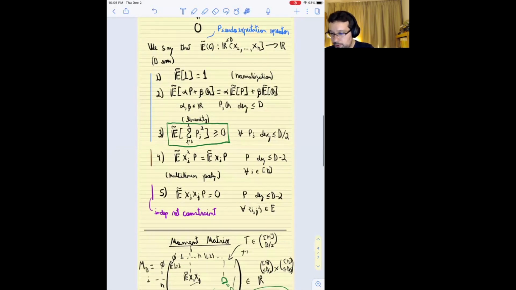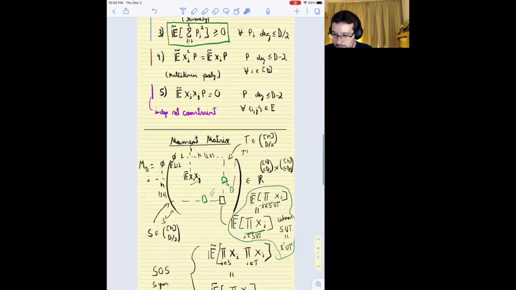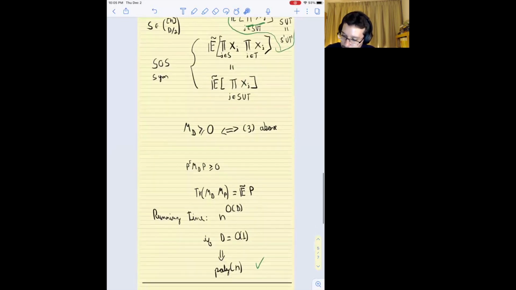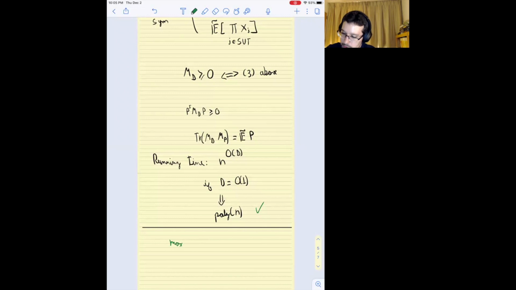And one very important thing that I did not mention is that in both cases, we would like to maximize, right? So in both cases, in the pseudo expectation language, you want to find a pseudo expectation subject to all the constraints from before, but you're also interested in maximizing the size of the independent set. So you want this quantity here to be maximized.